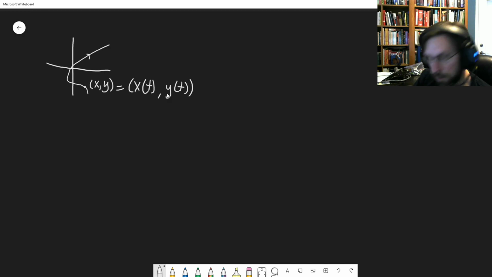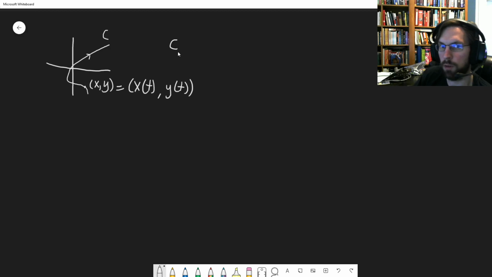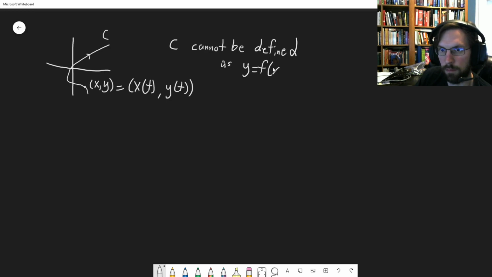Okay, so clearly this curve c that we have here cannot be defined as y equals f of x. Okay, so why can we say that y is not equal to f of x? Well, it fails the vertical line test.